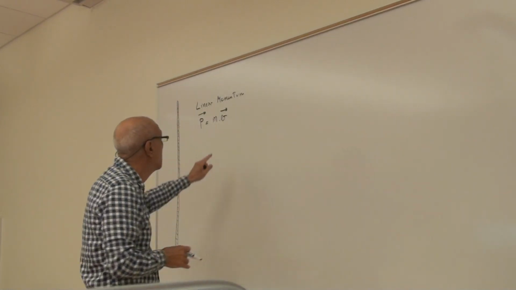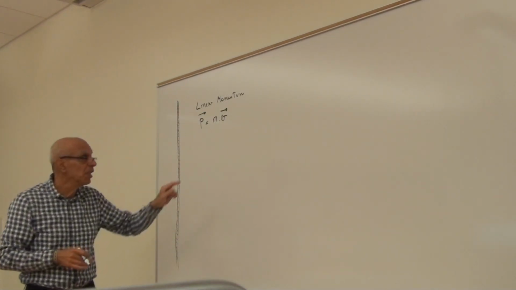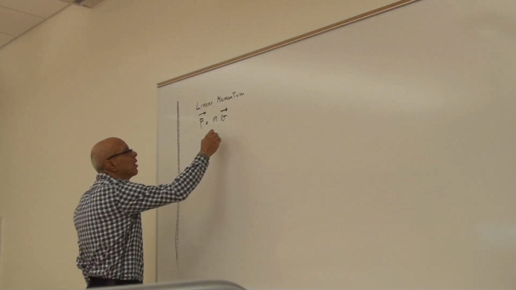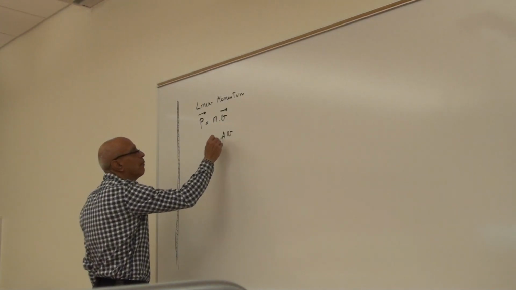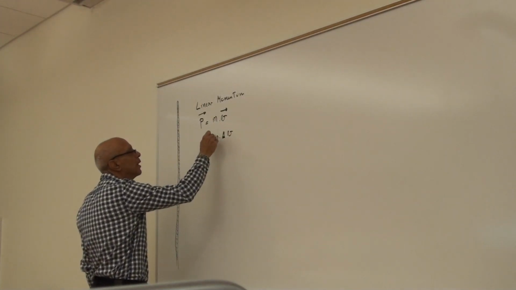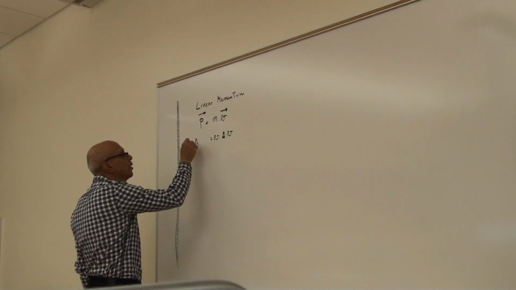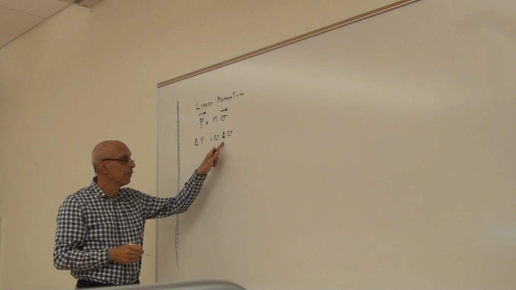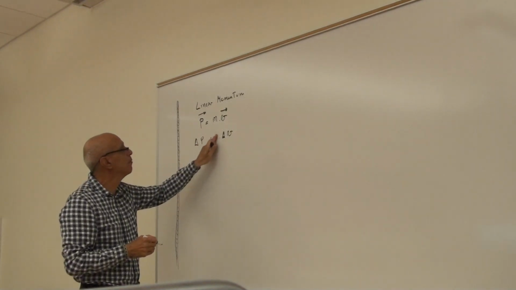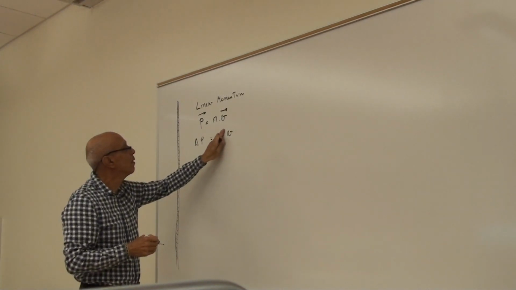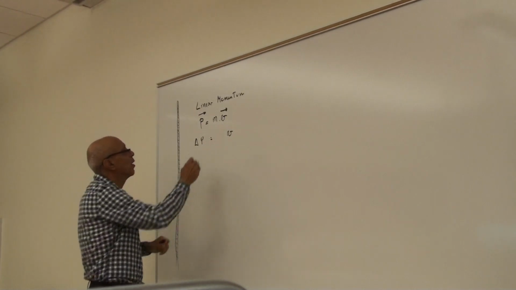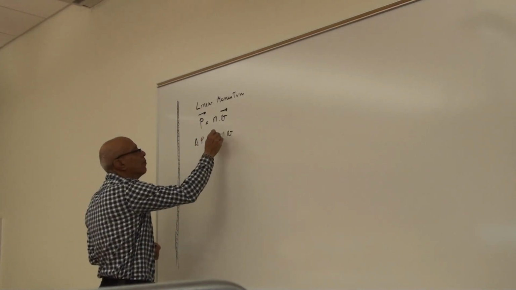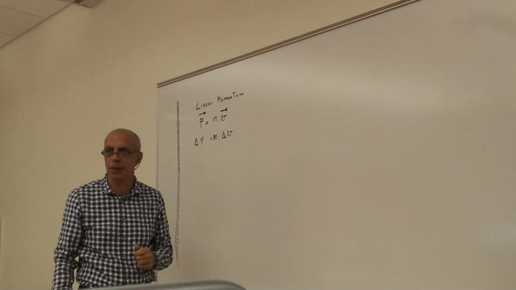So now, if there is a change in velocity, like a delta V, times m, I'm going to have a change in momentum, right? So mass times the change in velocity.